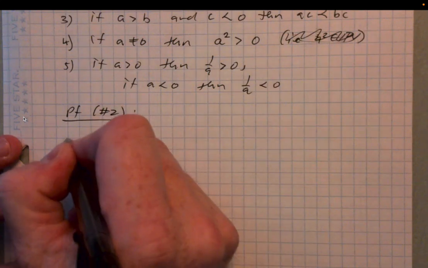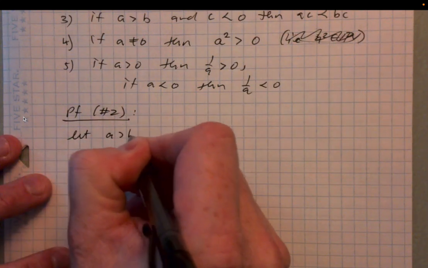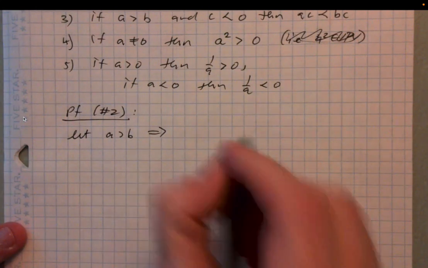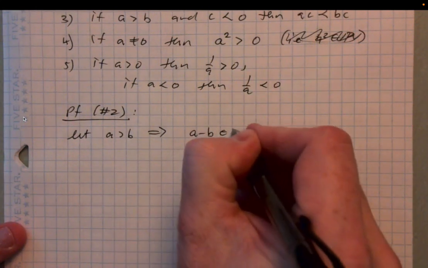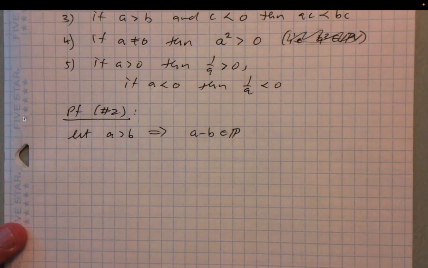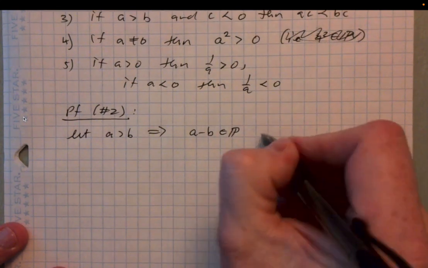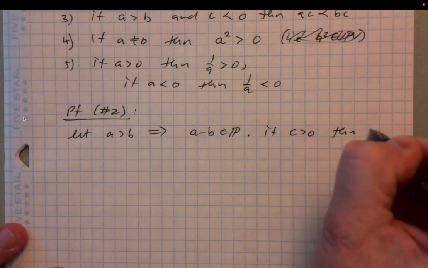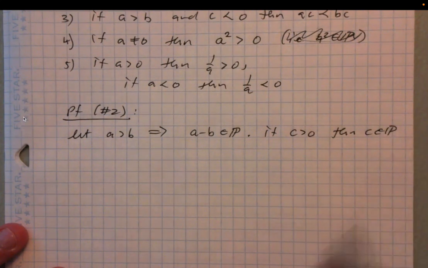So let's let A be greater than B. And so what does that mean? That implies that A minus B is in P. Now, if C is greater than 0, then C is in P as well.